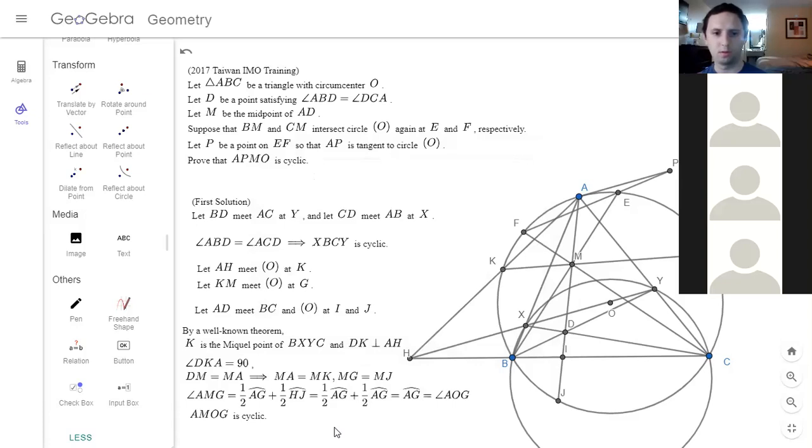I think he said AEGF. AEGF is harmonic. That kind of means PG is tangent. After that, AMOG cyclic would imply PG is tangent.